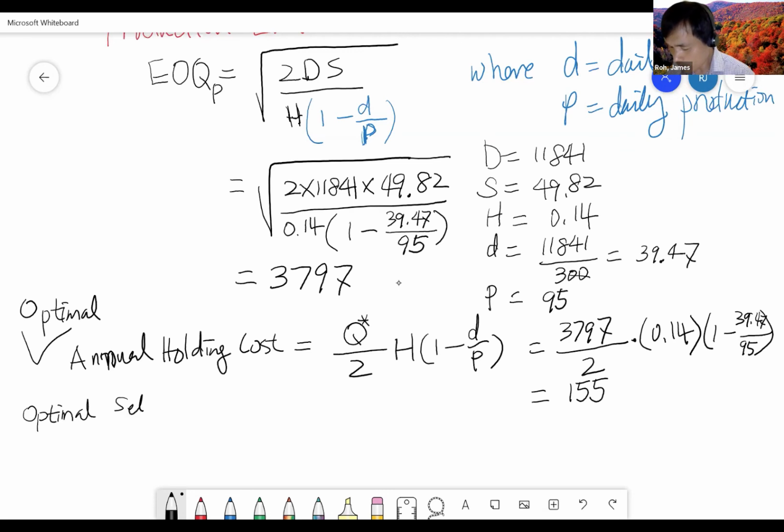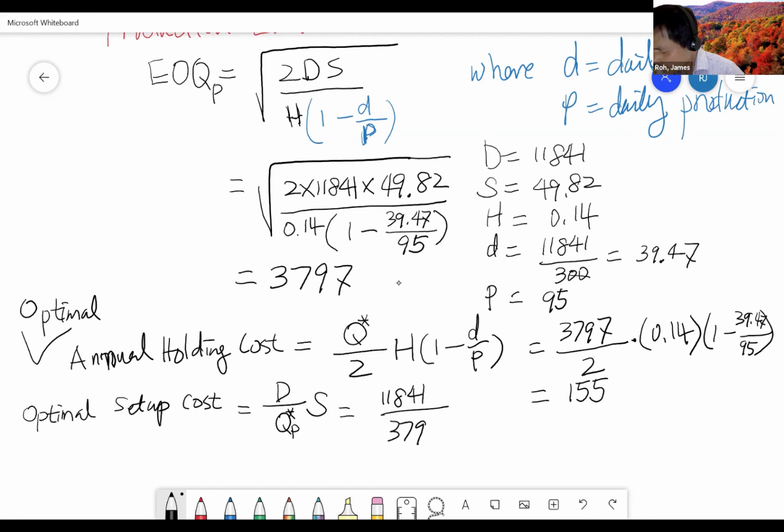Optimal setup cost equals D over Q times S. So annual demand 11,841 divided by 3797 times S, 49.82 will give you the answer.